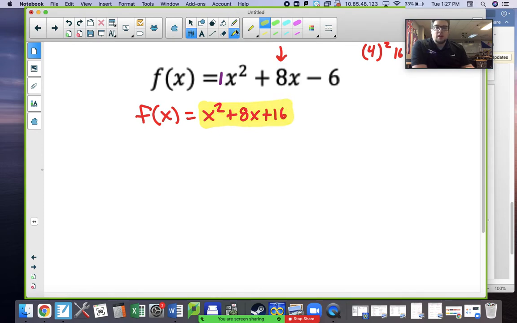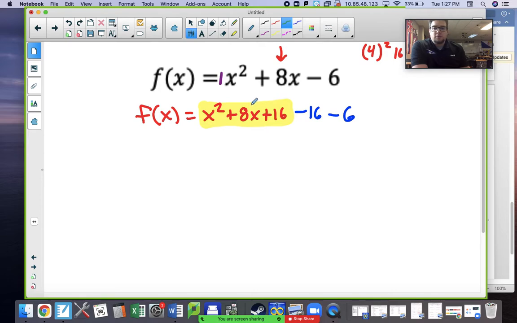We could use the AC method, we could use any of the methods we know, but that's factorable. But we don't want to change the overall value of the equation, so we're also going to subtract a 16 to counteract the 16 we just added, and then we still have that minus 6 on the end.